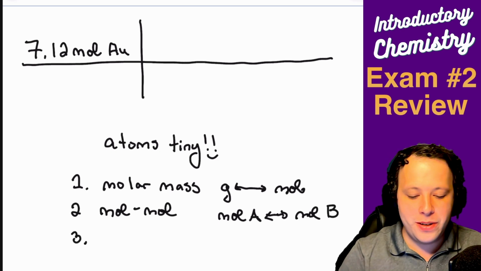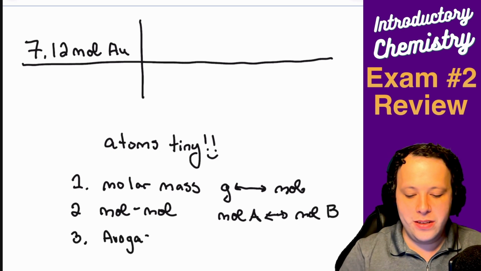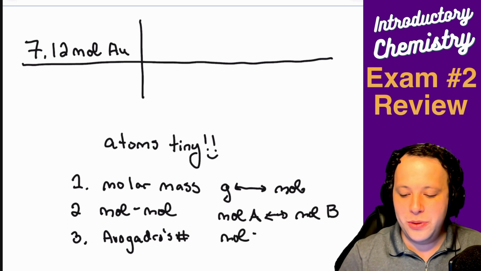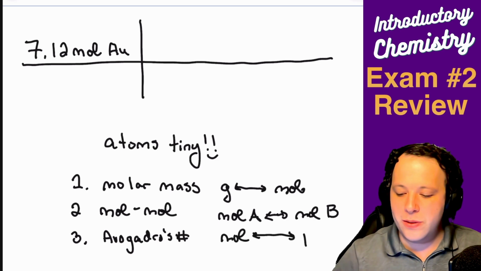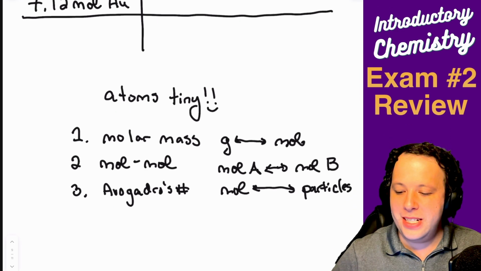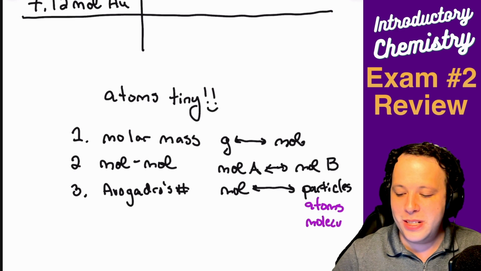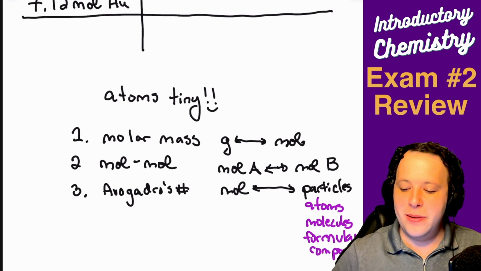And the last one is Avogadro's number, which is from moles to particles. When we say particles, that could be all kinds of tiny things. It could be atoms, molecules, formula units, whatever you can wrap your head around that's really small.